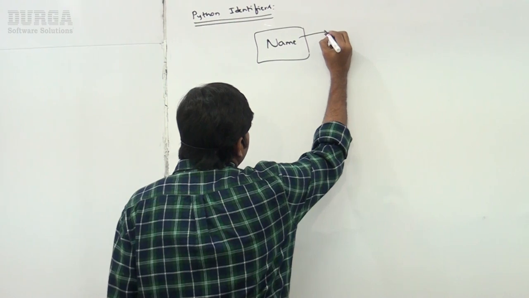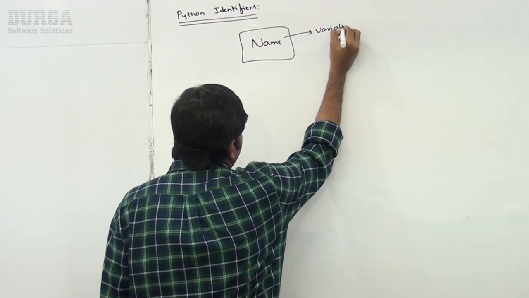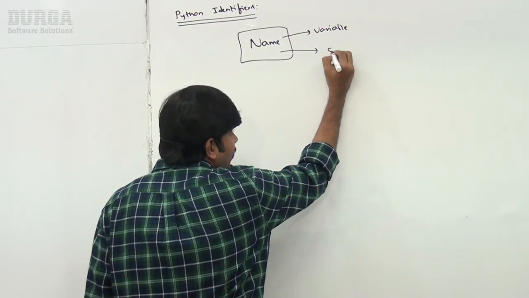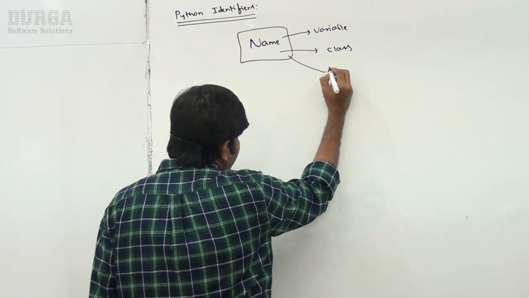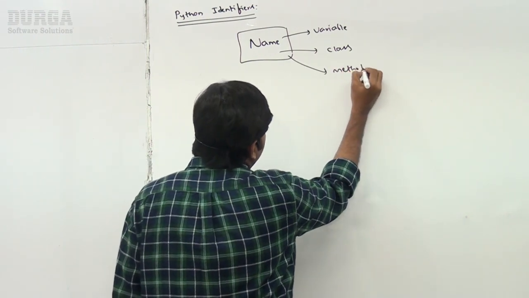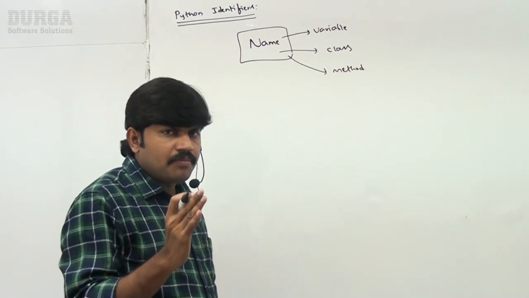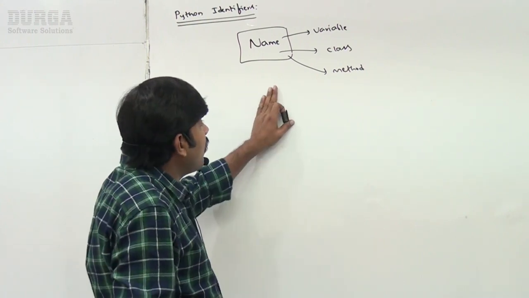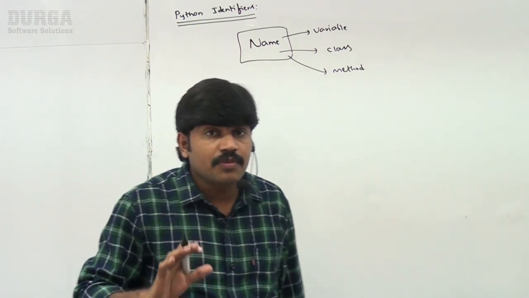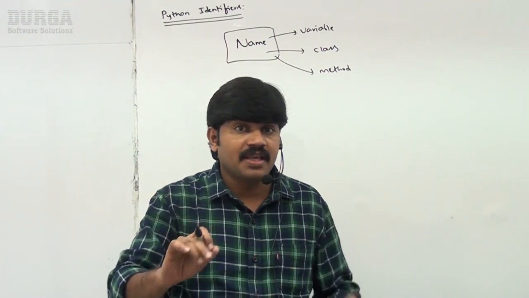It can be a variable name, a class name, or a method name. A name in a Python program which can be used for identification purposes is called an identifier.